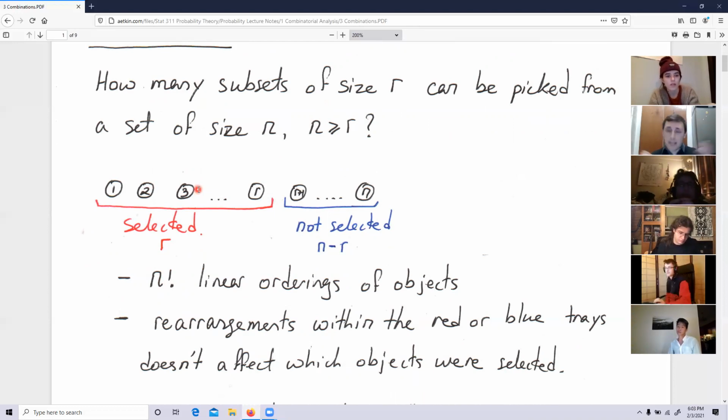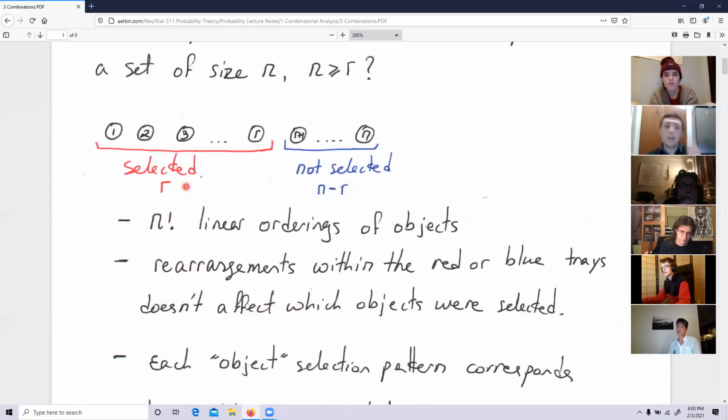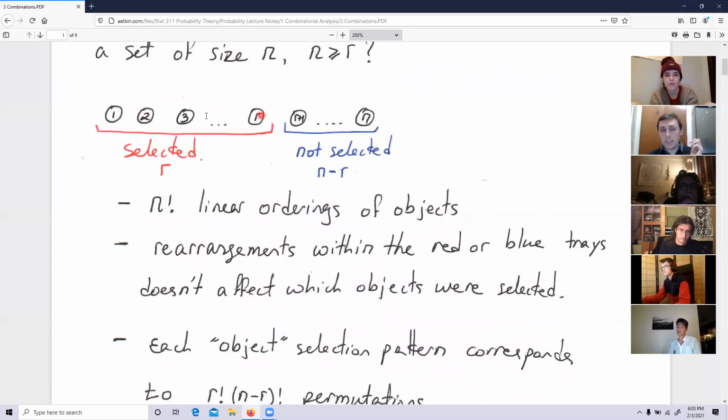So what's happening here is you position the individuals, and once they are on the tray, they are assigned either a red or a blue color. They're made to wear a red or blue shirt or something to make them no longer distinguishable once they are placed on the tray. So there are n factorial ways of placing them on the tray.